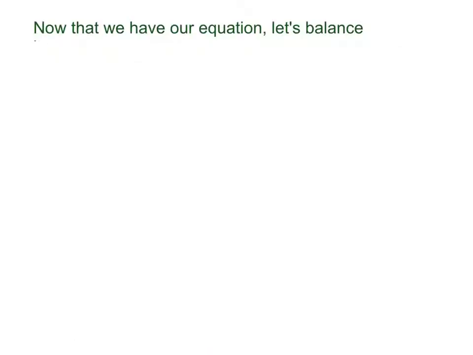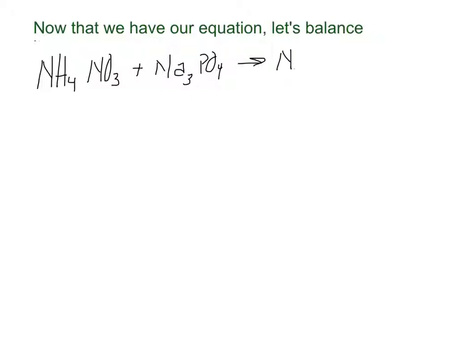So we had ammonium nitrate plus sodium phosphate created ammonium phosphate plus sodium nitrate. So there's our chemical equation. Now we have to work on balancing it.